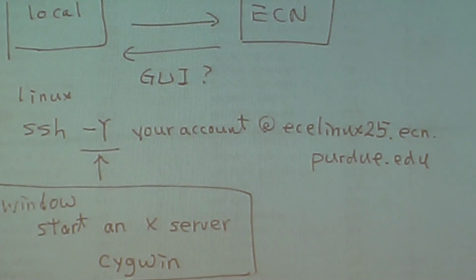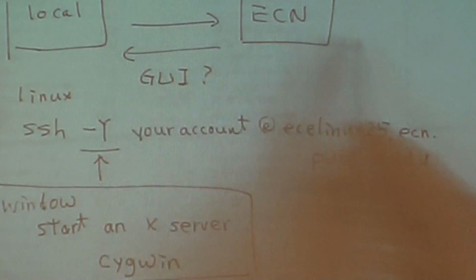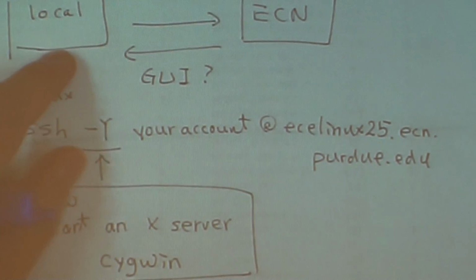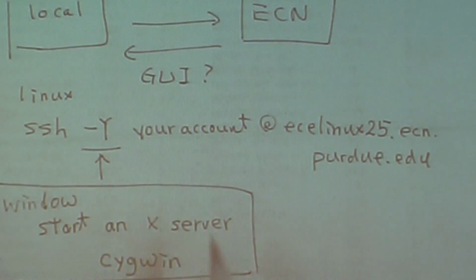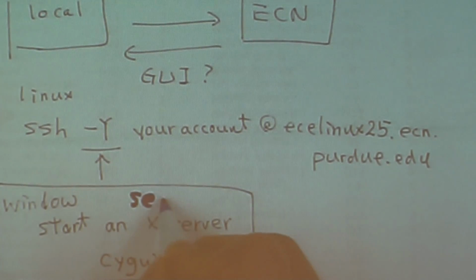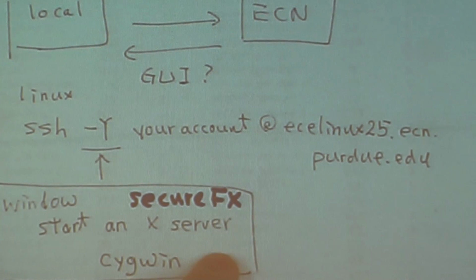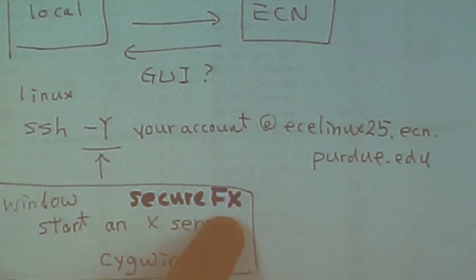Now, one question that comes up is, how do you move files around? If you want to move files between your local machine and the ECN machine, in Windows, you can use secure file transfer. You can download this by going to the software download page.